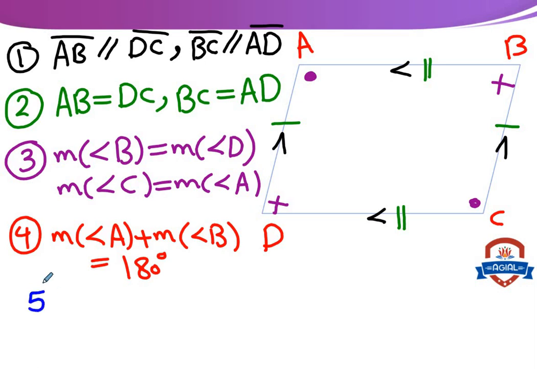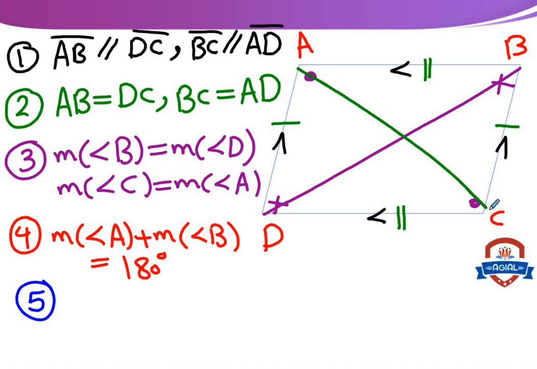Number five, two diagonals bisect each other and not equal in length. How many diagonals in the quadrilateral? Two diagonals. Diagonal number one and diagonal number two intersect at only one point and bisect each other and not equal in length. What is the meaning of bisected each other?